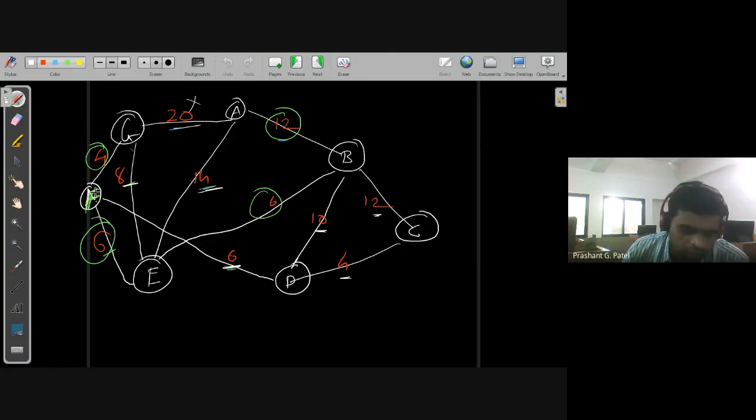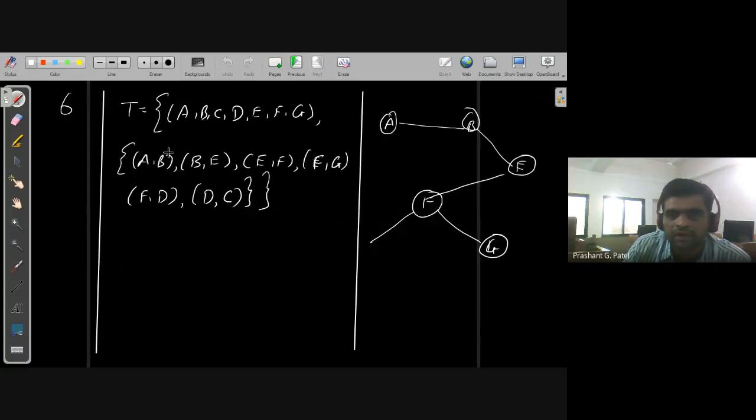So either you can pick which is incident with F. So the pick is 6, not 4, because in this algorithm we are starting. If I connect G to A, then we'll form a cycle.